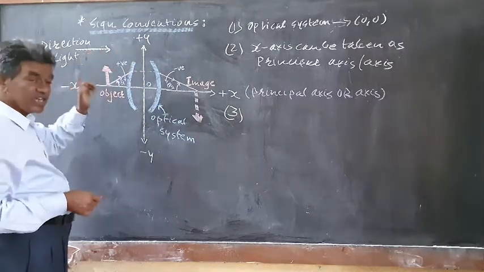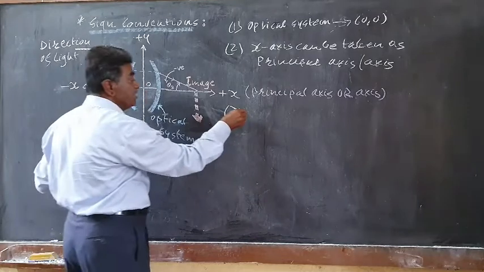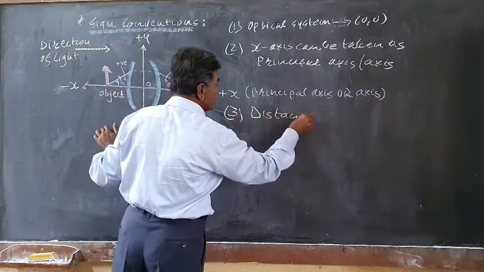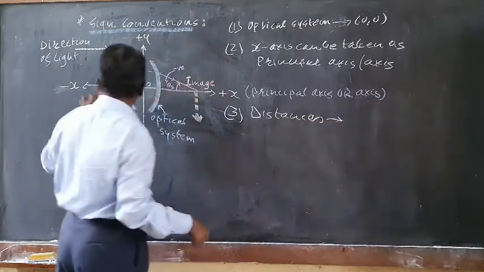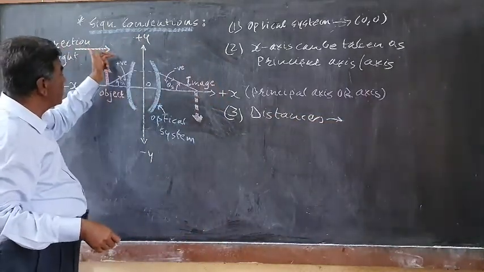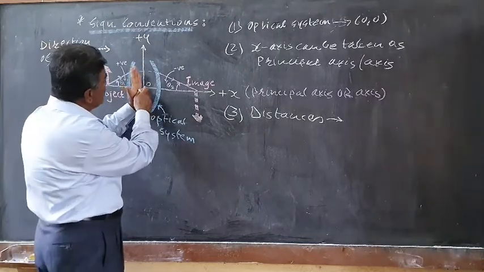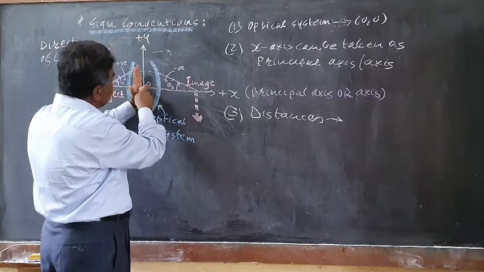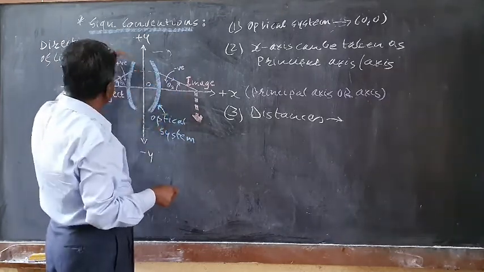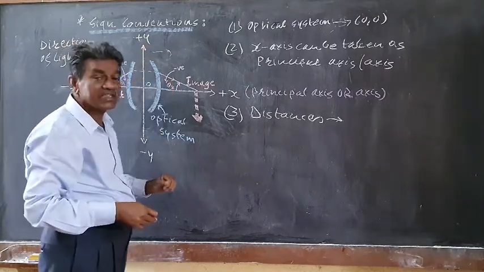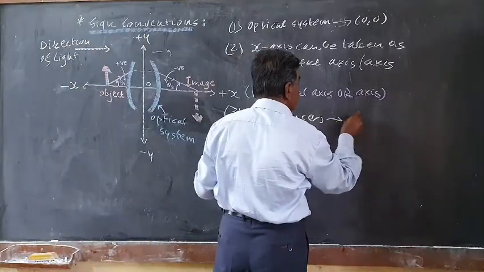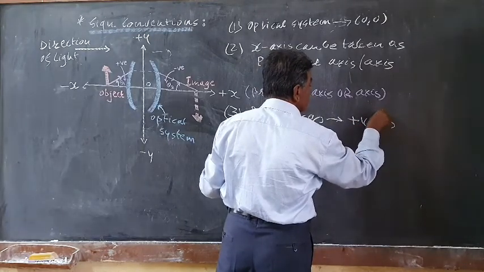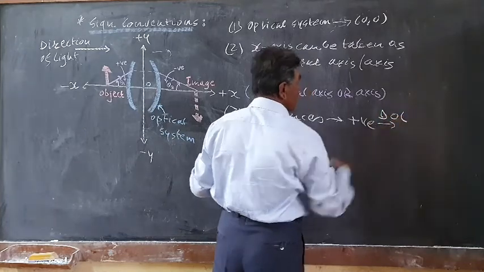Now the distances which are measured in the direction of the light, from the origin, can be taken as positive. This is the direction of light.